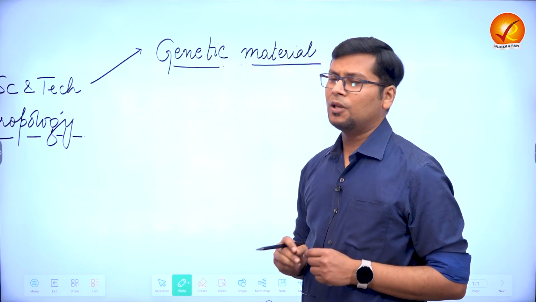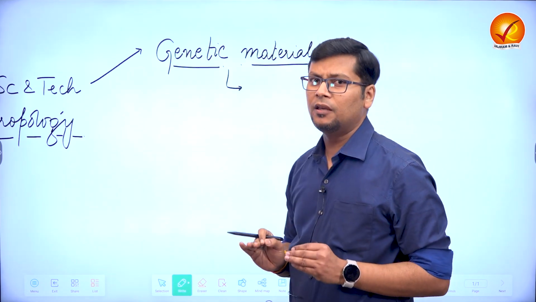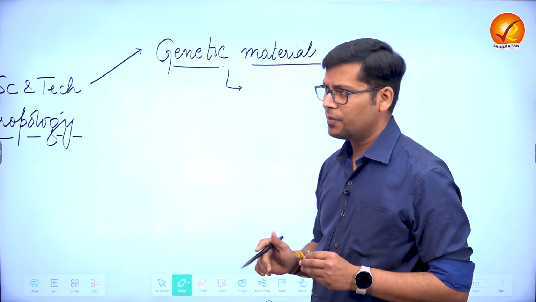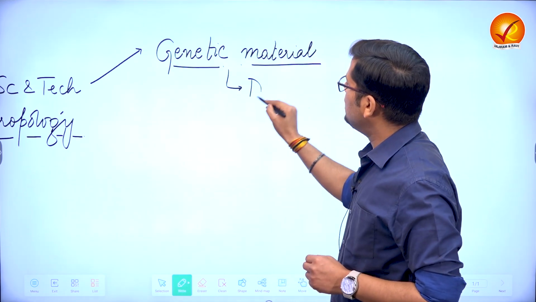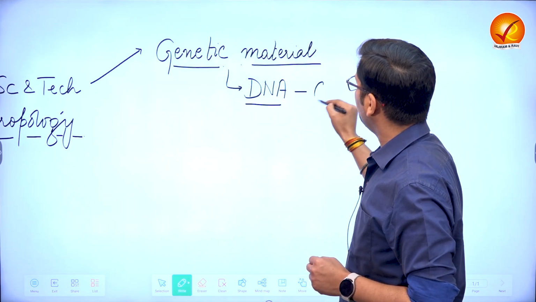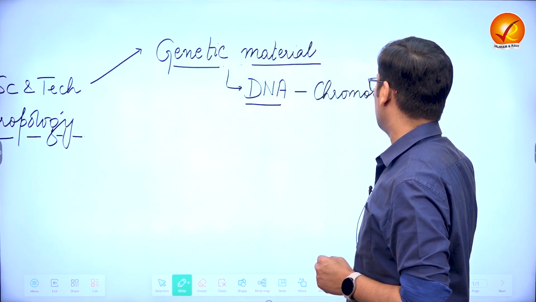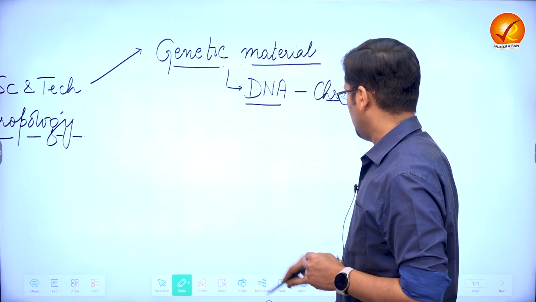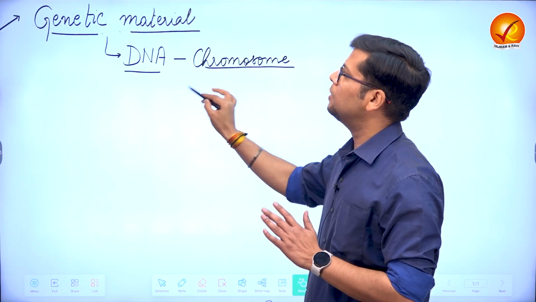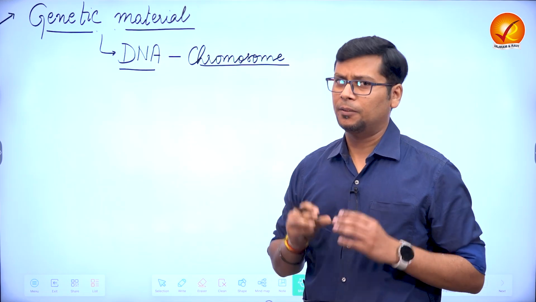People, this genetic material is stored within a cell, primarily inside the nucleus, as DNA packaged in the form of chromosomes. So chromosome is nothing but the packaged form of the thread called DNA.